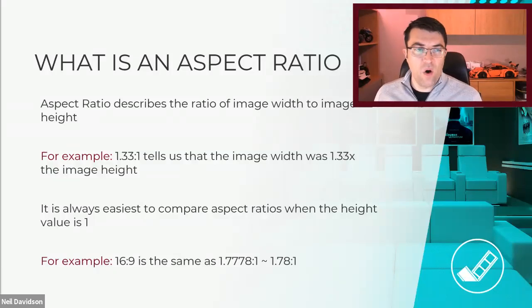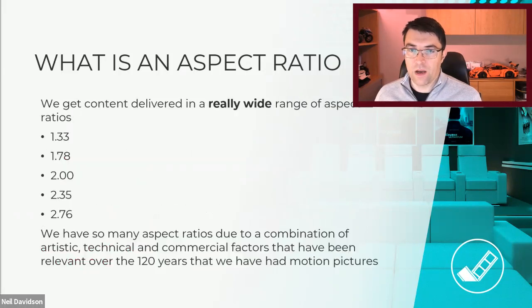If you refer to it always as something to 1, it makes it much easier to compare the shapes together. 16 to 9, 21 to 9, people don't tend to understand exactly what that is or be able to work it out in their head.